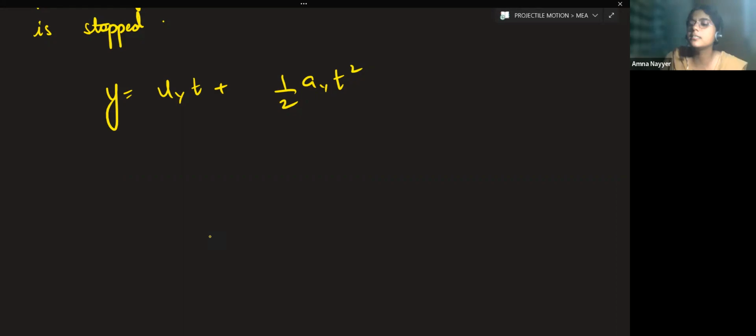What will be the displacement along the y-axis? 0. You have started from this point, you have covered this journey, you have landed here. So displacement along the x-axis is there, but what's the displacement along the y-axis? The initial point is this only, the final point is exactly this. So along the y-axis, this will be 0.